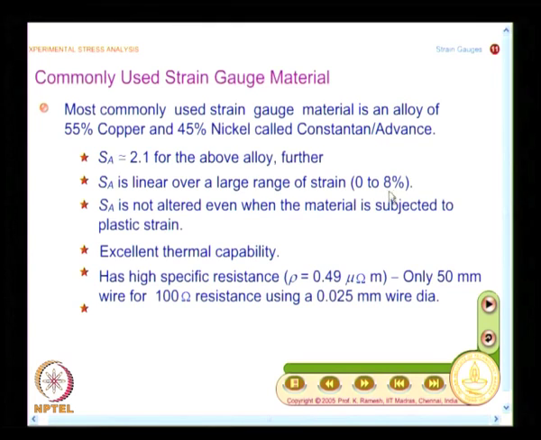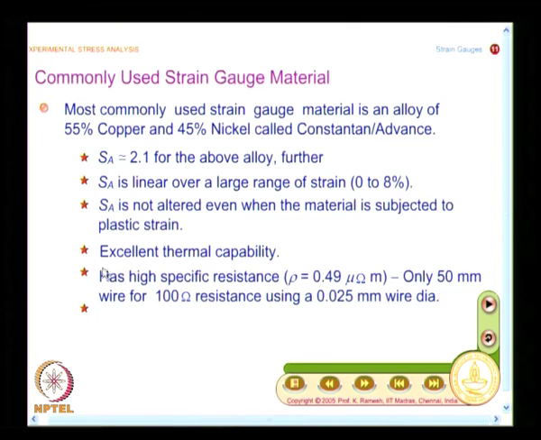So, 8% is a very large strain magnitude, and we have already seen from the expression for strain sensitivity of the conductor that it approaches 2 when the material is subjected to plastic strain, and this is the reason why we want 2, because it reduces to 1 plus 2 nu. That is the reason why we choose a material which has SA closer to 2.